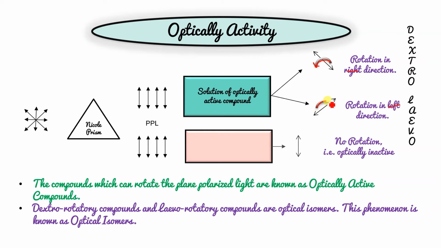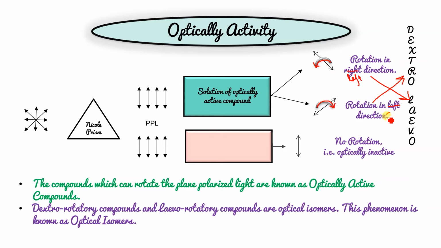Right means clockwise and left means anti-clockwise. The one which is moving in the left direction will be called levo, or anti-clockwise, and the one which is moving in the right direction will be considered dextro, that means clockwise.